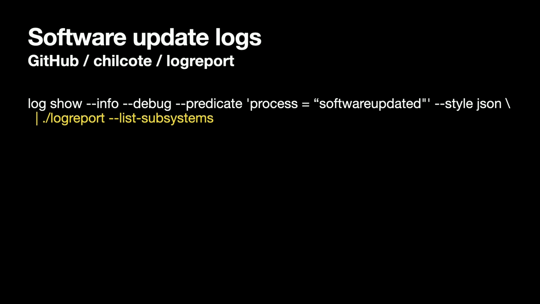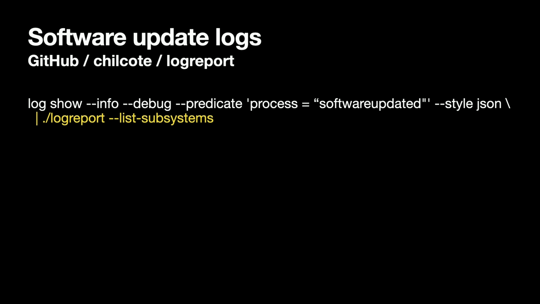So I threw together a very ugly little Python script, and I put it up in my GitHub called log report that takes that JSON from the output of the log command, manipulates it a little bit, and spits out the information back to you about what you're asking for. So I asked it, give me all the subsystems for the softwareupdated command.